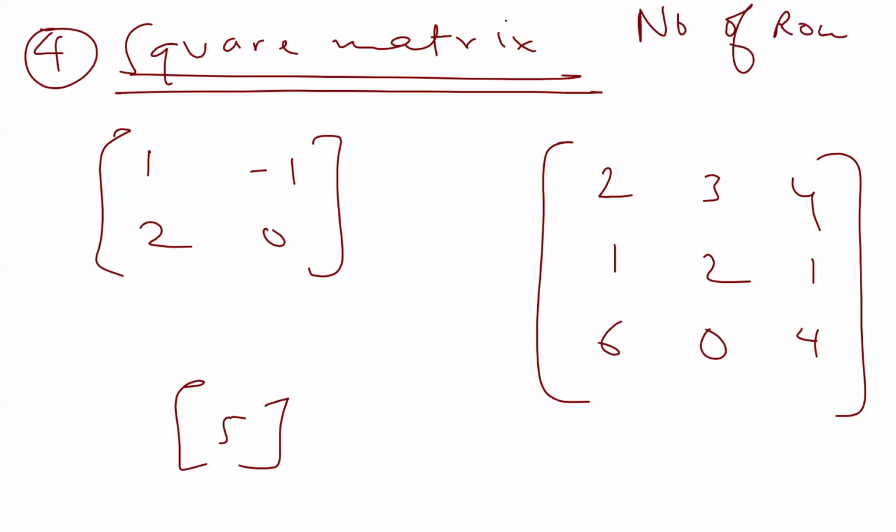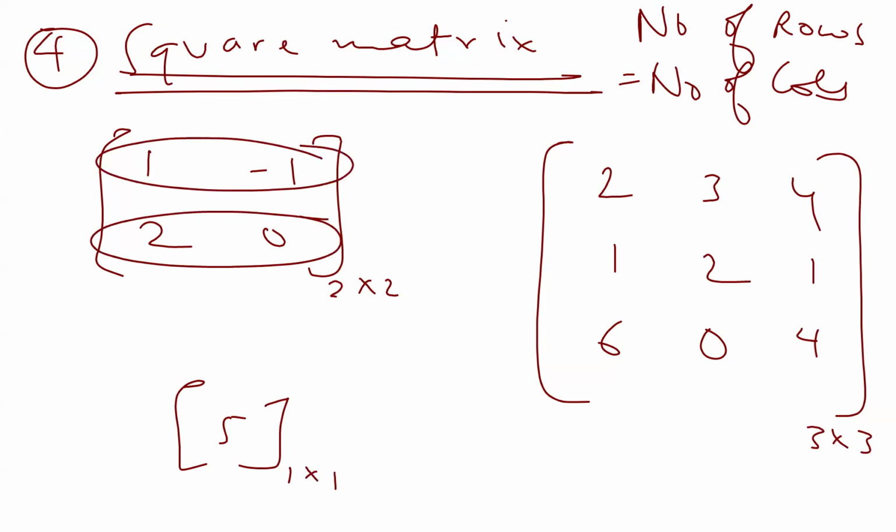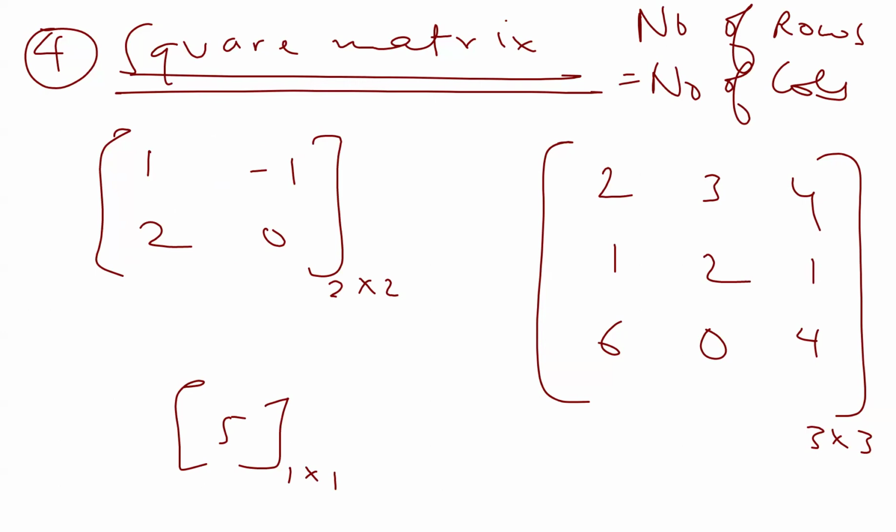Number of rows is equal to number of columns. So this is 2 by 2. This is 3 by 3. This is 1 by 1. Two horizontal rows and two vertical columns. Here it will be three horizontal rows and three vertical columns. And here is one horizontal row and one vertical column. So that is a square matrix. Number of rows will be equal to number of columns.